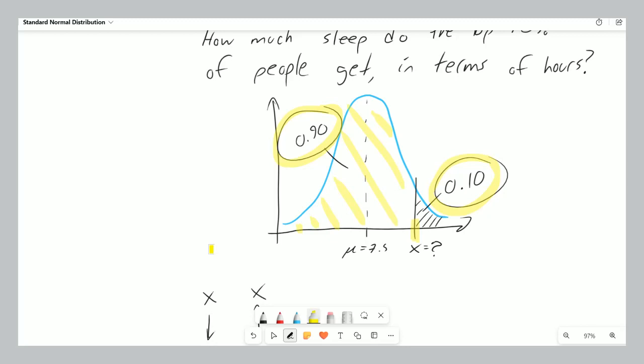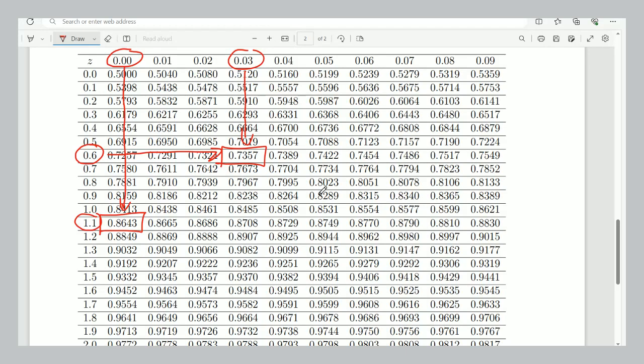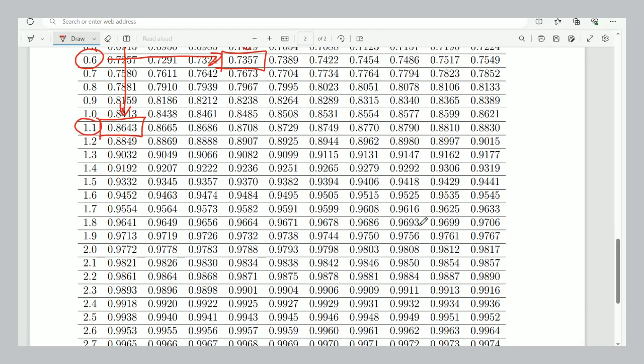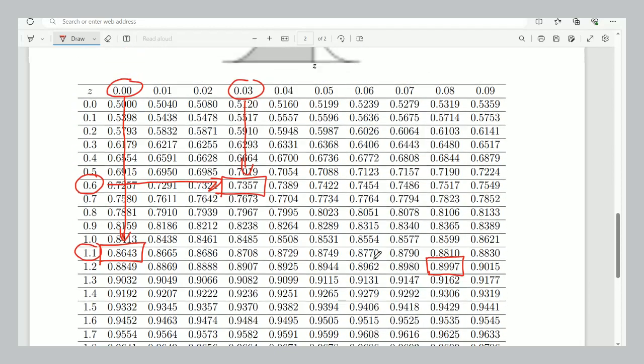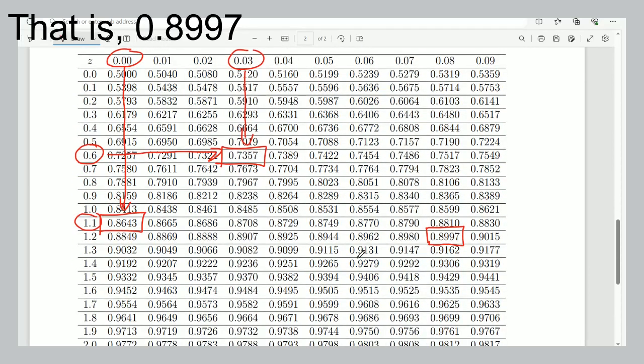So we're going to go to the z-table, and we're not going to look at the top row or the leftmost column. We're going to look in the middle where the probabilities are, and we're going to look for the value closest to 0.9000. So here we are. Where's that value closest to 0.9000? We look and look, and there it is. Of all the probabilities on the z-table, the closest one to 0.9000 is 0.8993.